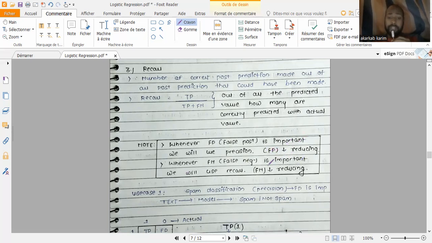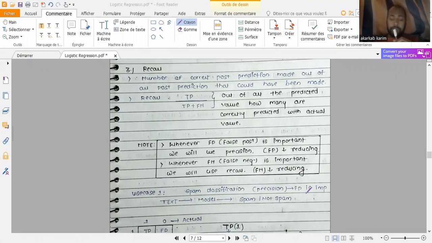Whenever false negative is important, we will use recall. That means we need to reduce this false negative. It depends on the scenario we have.